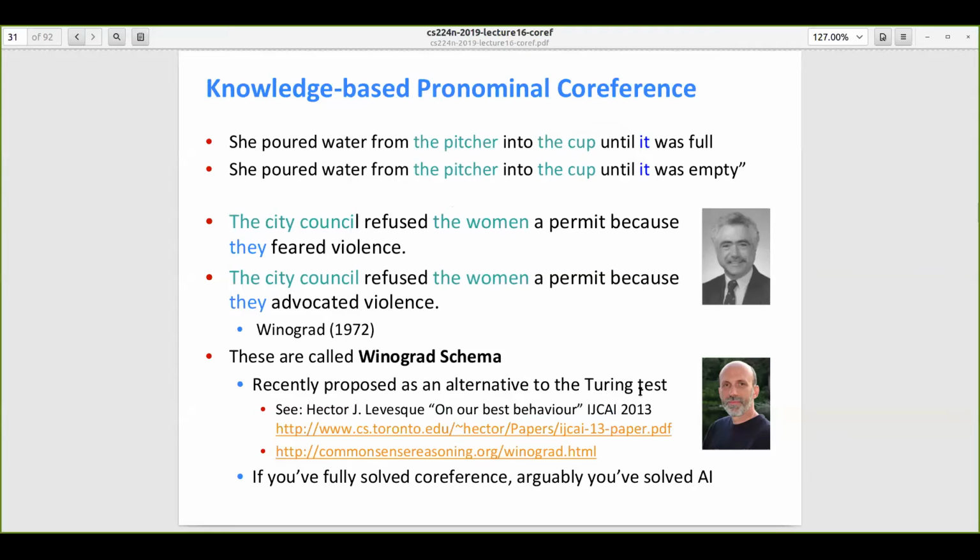The Turing test is used to check if a machine can fool a human by making the person think that the one at the other end is also a human; then the machine passes the Turing test. The Winograd schema is an alternative for that. If a machine can figure out the coreferences correctly for examples like this, then we can say that it is pretty good.